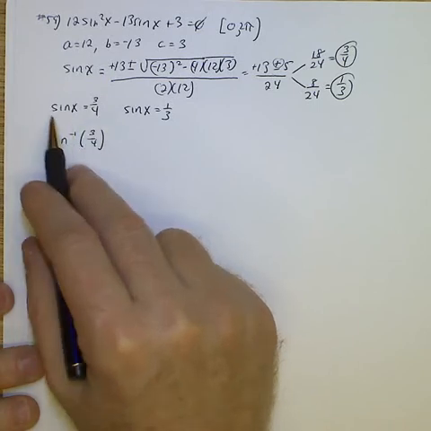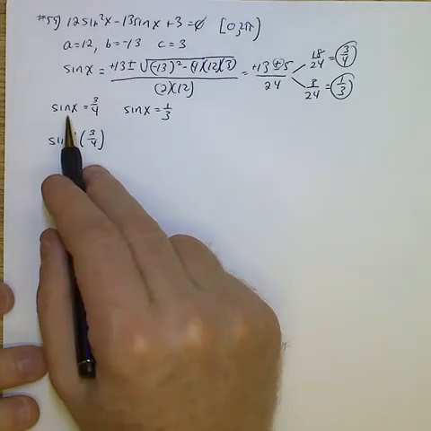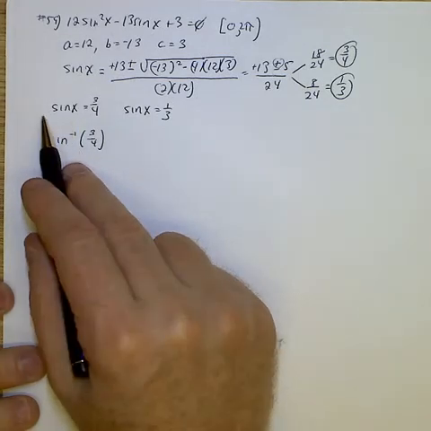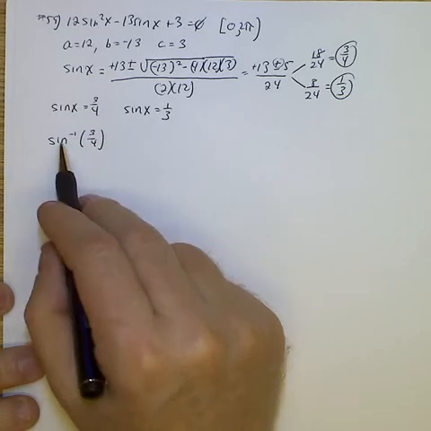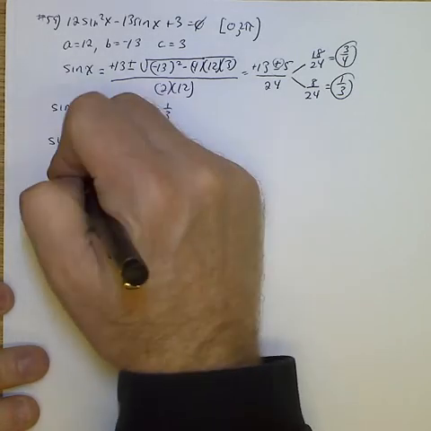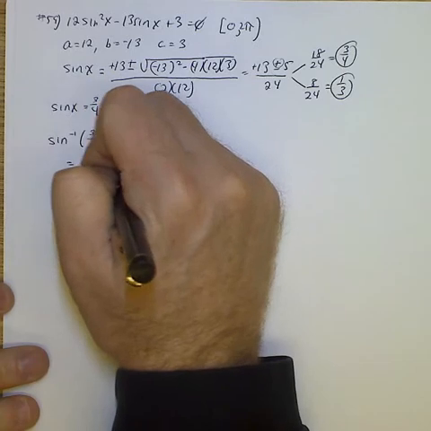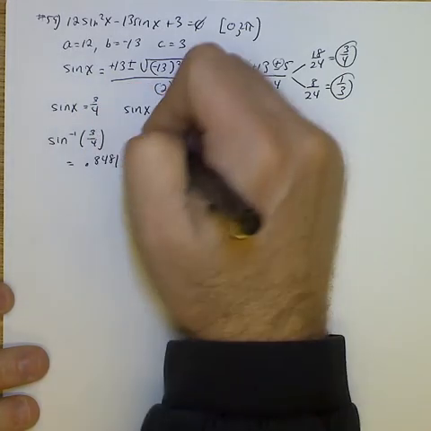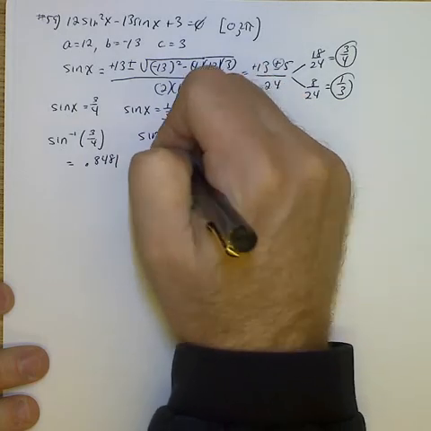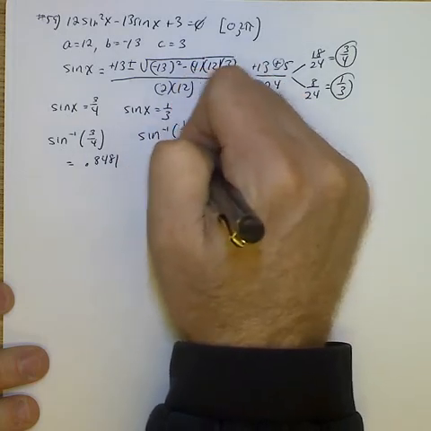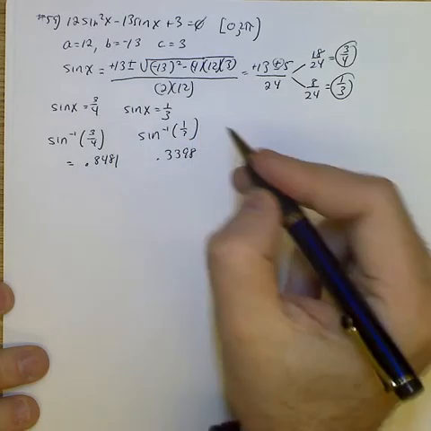If you remember from last unit, the arc sine of the sine is going to give us the angle measure. So the arc sine of 3/4 on your calculator gives 0.841. The arc sine of 1/3 gives 0.3398. These are radian measures. And let me show you.